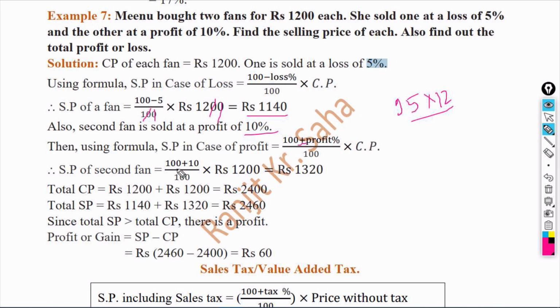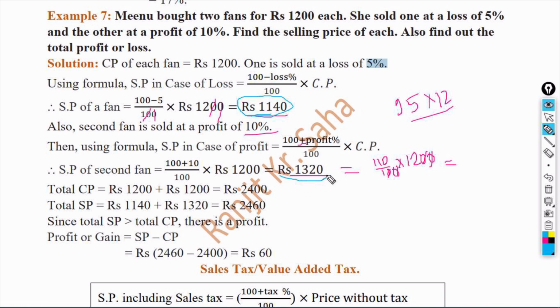Now it is 110 divided by 100 and into 1200. Cancel 2 zeros from numerator and denominator. It becomes 11 into 12, rupees 1320.